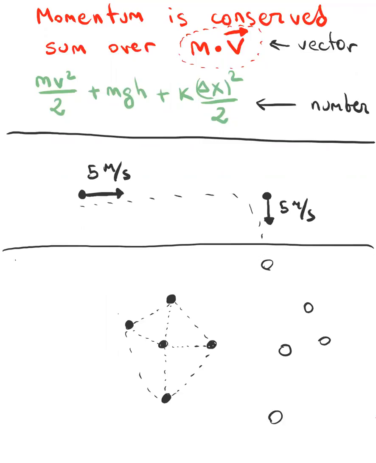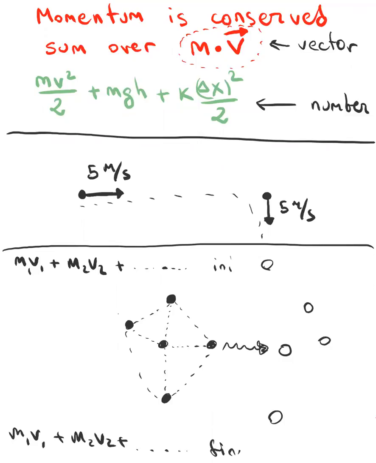If you take the momentum of all 5 particles, m1 v1 plus m2 v2, and so on, and compute it at the beginning, and then compute it again after some time passes, you will find that the total momentum of all 5 particles is conserved as long as there are no external forces.